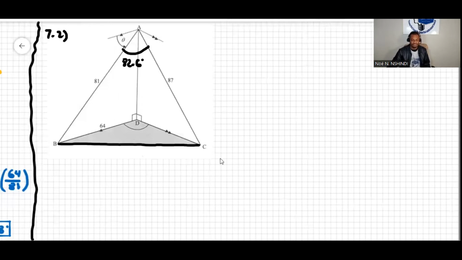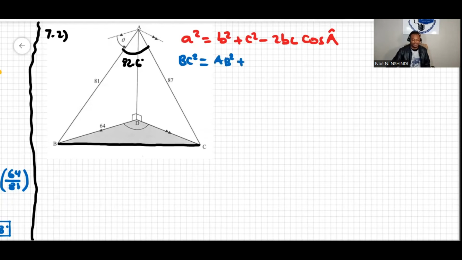The cos formula says this: A squared equals B squared plus C squared minus 2BC times cos of the angle opposite the side A, angle A. So in this situation, if we take A to be BC, it's going to be BC squared equal to AB squared plus AC squared, minus 2AB times AC multiplied by cos of the angle opposite the side BC.